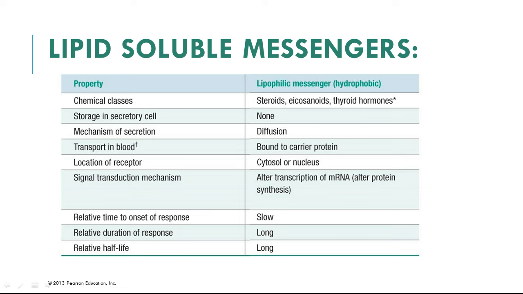And so trying to keep something lipid soluble in a lipid soluble containing thing is futile. It's just going to diffuse on out. So we cannot store any lipid soluble messengers, like your steroid hormones. And so what happens as soon as they are manufactured, they just simply diffuse out of the cell, out of the source cell. Does that make sense? You make it, we can't keep it, so it just diffuses out of the cell.